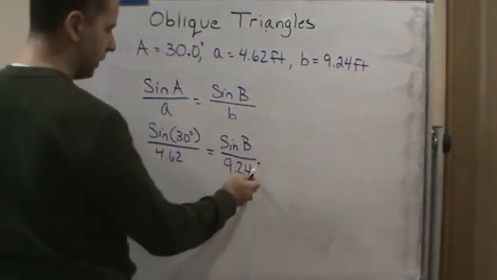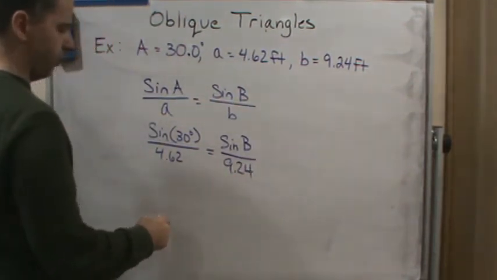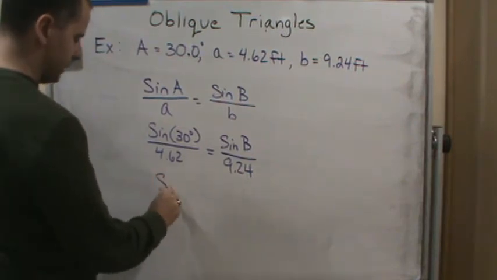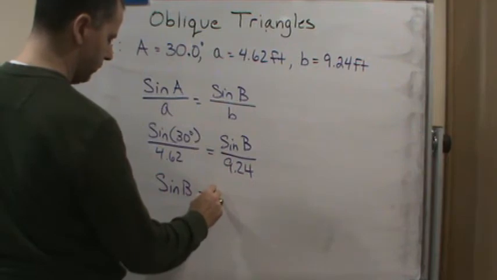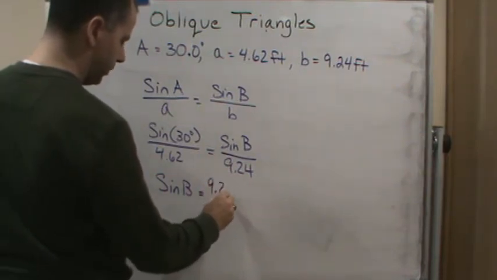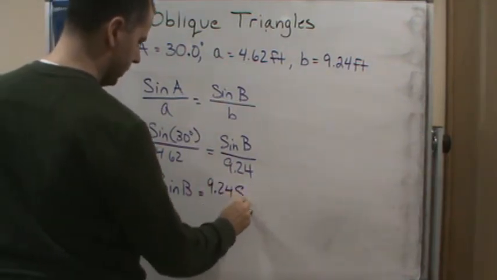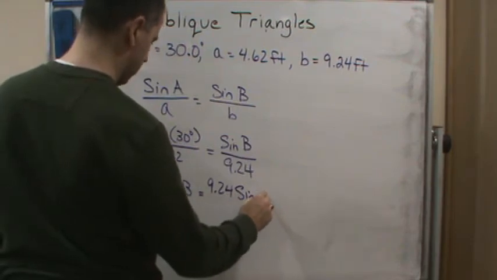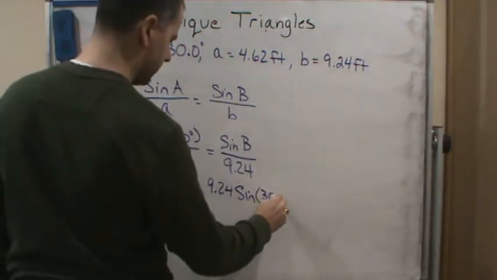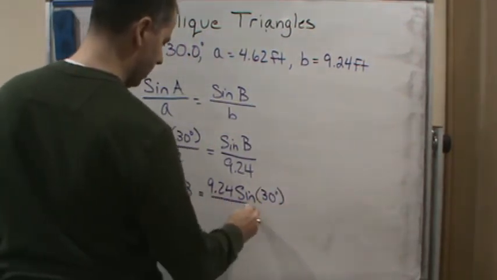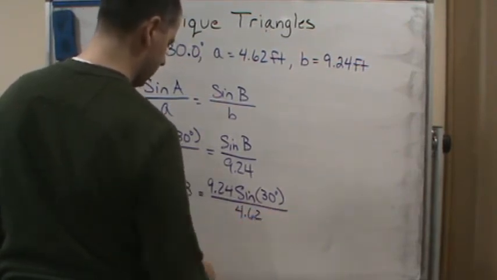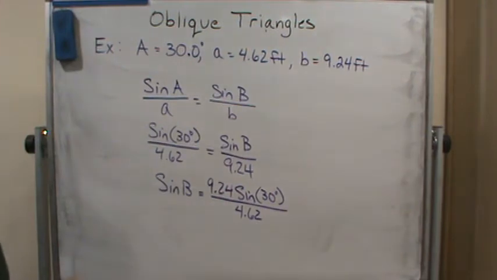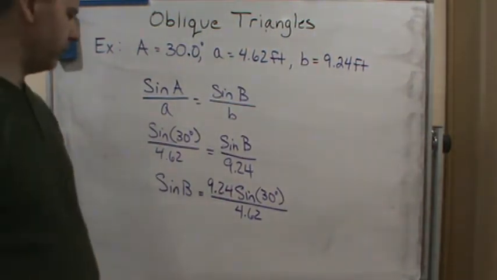Now I'm going to multiply both sides by 9.24, and so I end up getting sine B is equal to 9.24 sine of 30 degrees divided by 4.62.